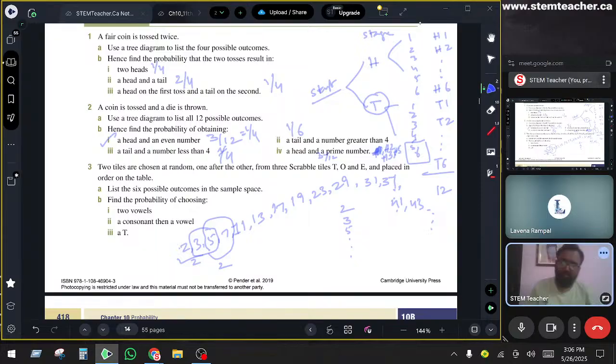Then 7 and 11, the difference is 4. And here again we got 2 difference. Here we got 2 difference. And here we got 2 difference. So the prime numbers having difference 2 are called twin prime numbers.